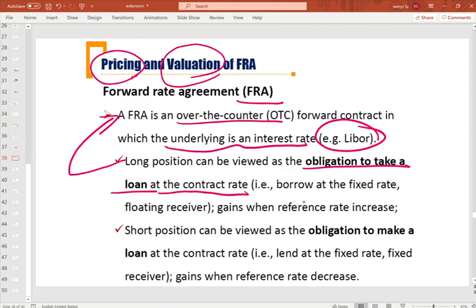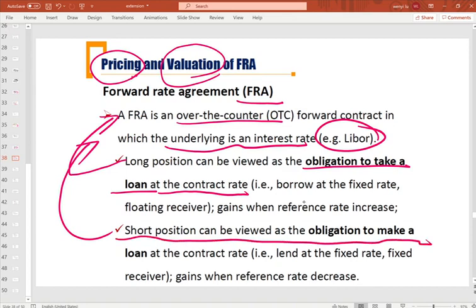If you have a short position in the FRA, you take the obligation to make a loan, to lend the money, at our contract rate. Do you have any questions? You can put them in the comments. That's our FRA contract.